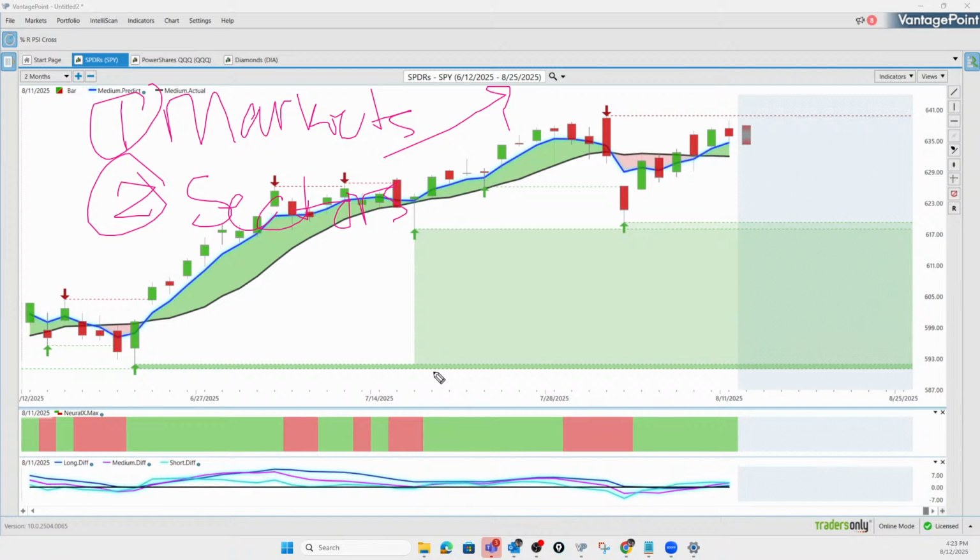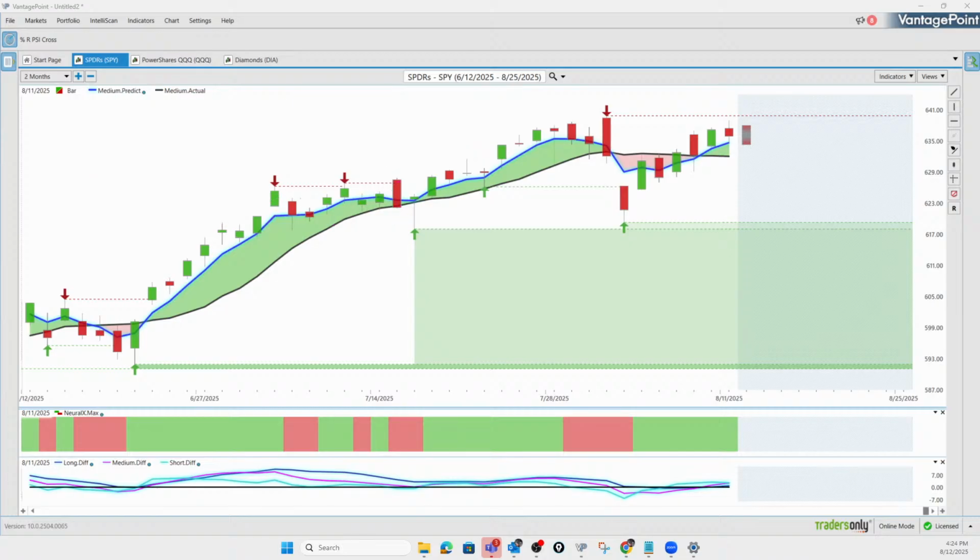Let me know. But now that we understand that there is bullish sentiment in the overall markets, we can move down to step number two and say, okay, where is all this money flowing in from? What sectors, what areas of the market are in fact really driving this bullish movement? Where should you focus your efforts and energy?